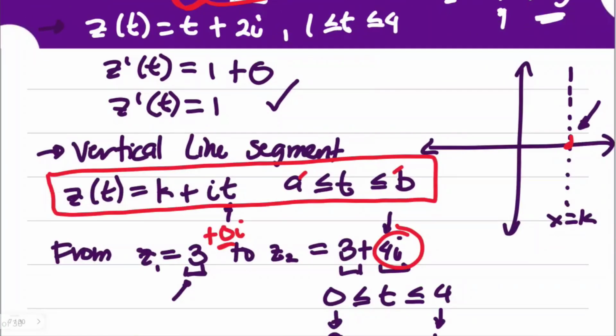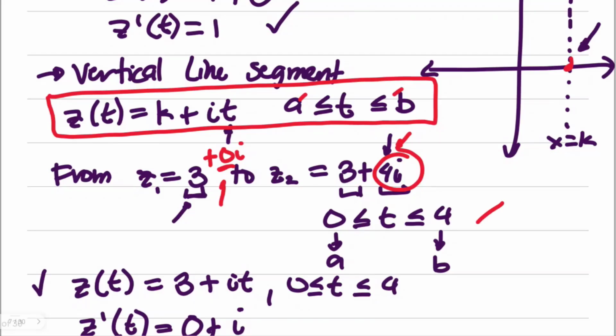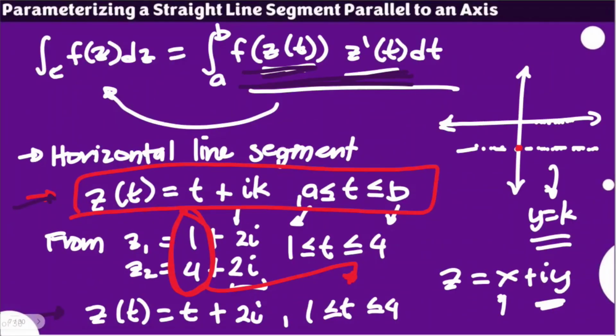But for the vertical line, your a and b is the change on the numerical coefficient of your imaginary part, 0 to 4. Very important because they are not the same, and obviously your a and b coefficients are important in your integral here. This is how we parameterize a straight line segment parallel to an axis.